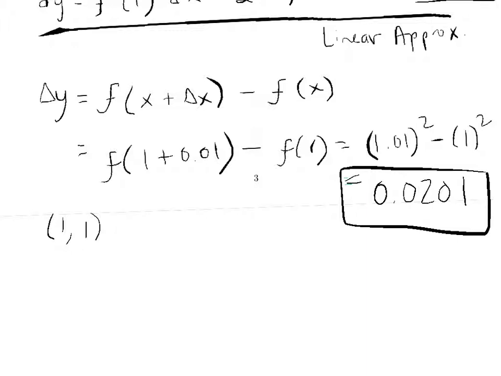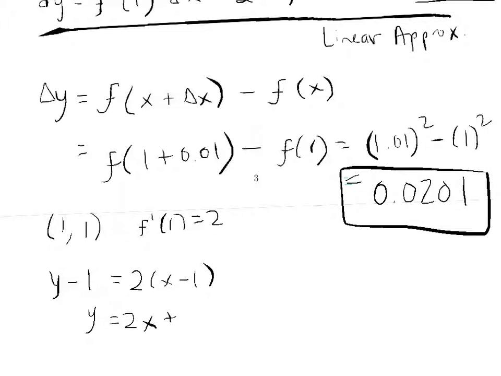What is the slope at x equals 1? 2. Now we can write the equation of the line. It's going to be y minus 1 equals 2 times x minus 1. So y equals 2x minus 1. That's the equation of the line.